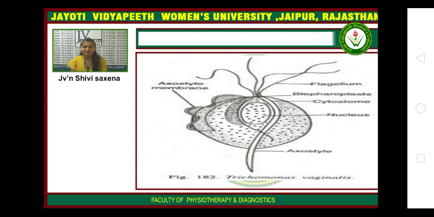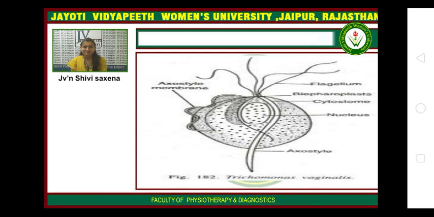It has 4 anterior flagella and a 5th running along the outer margin of the undulating membrane, which is supported at its base by a flexible rod, the costa. A prominent axostyle runs throughout the length of the body and projects posteriorly like a tail.